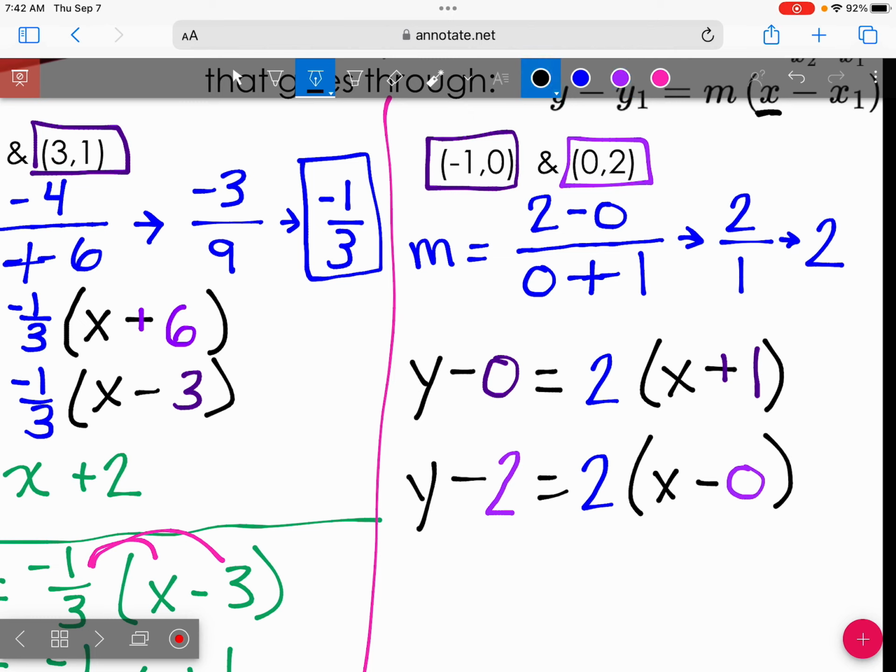Take the x and y from the point. This one's using this point. So we've got our 2 different point-slope forms here. They make the same equation. They're the same line. They just look a little bit different.